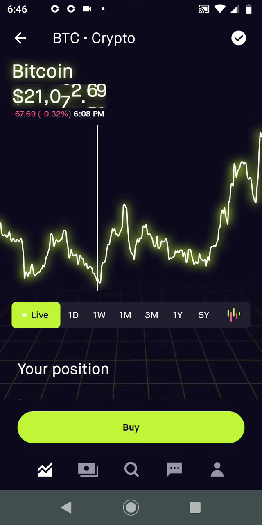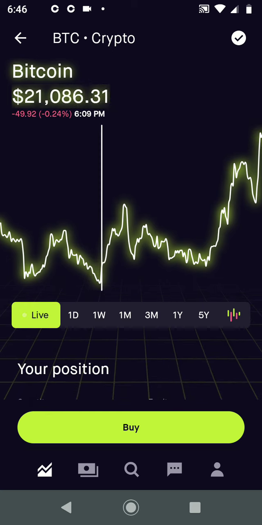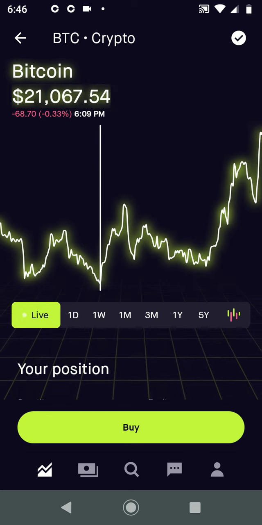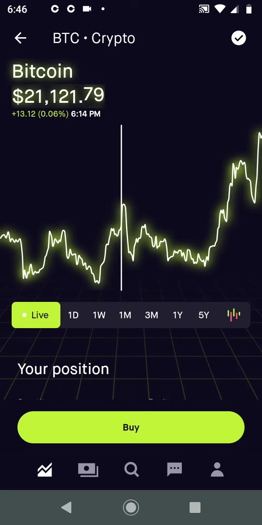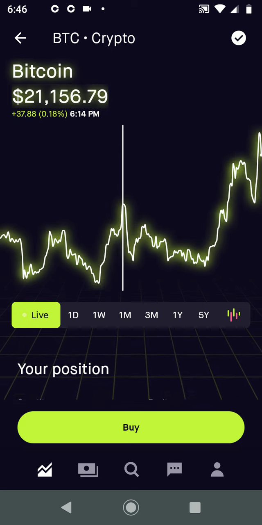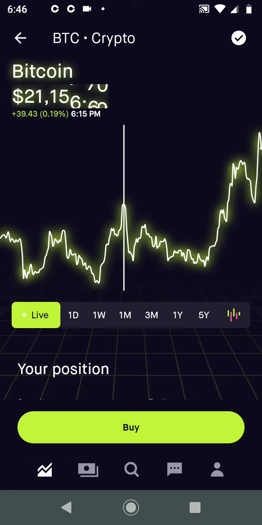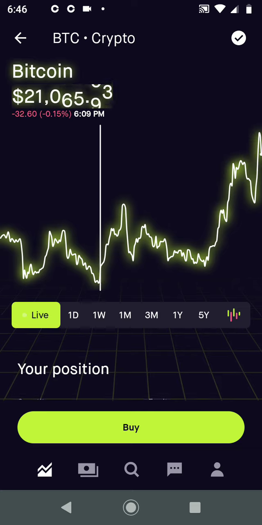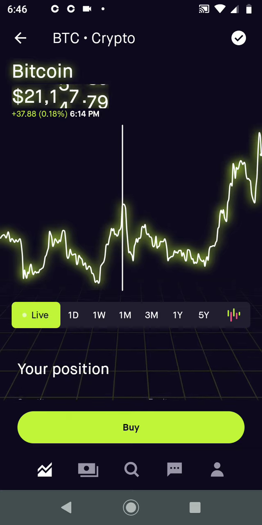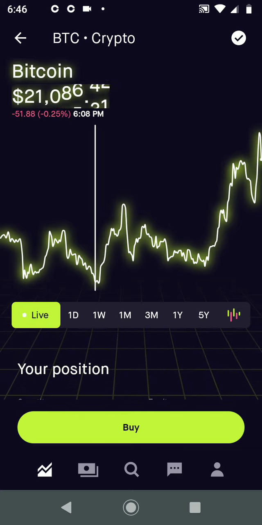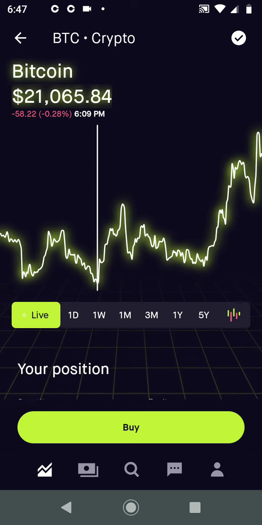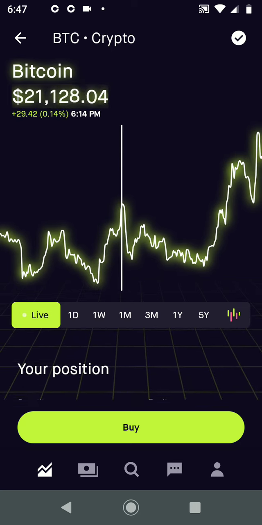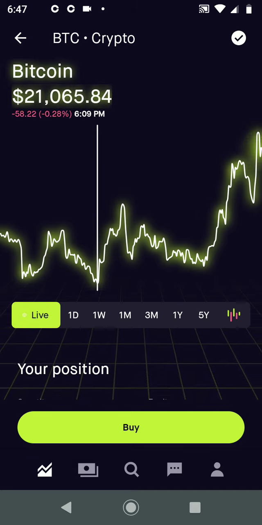So let's go to the next dip. As you can see, it's down like 0.33, and then it goes up. Now it's in the positive. It goes all the way up to like 0.18%. So if you go from 6:09 p.m. to 6:14, it went up like 0.38%.